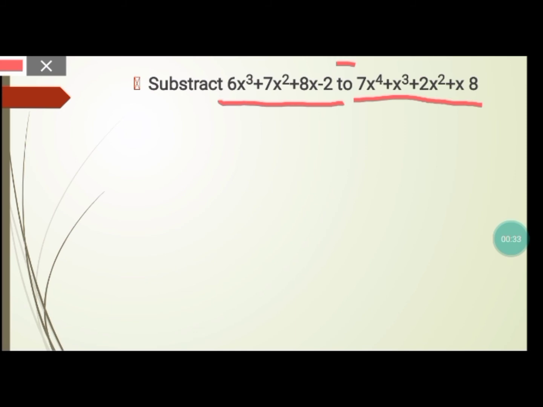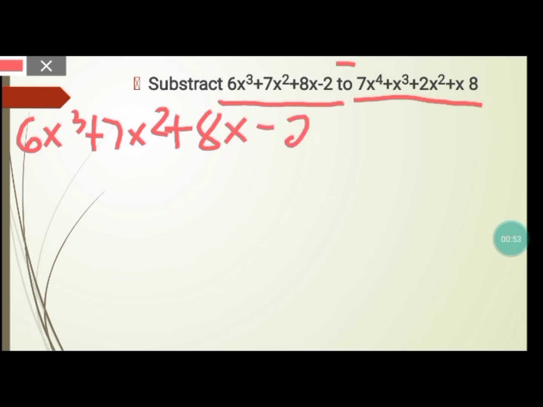First we copy this: 6x cubed plus 7x squared plus 8x minus 2.